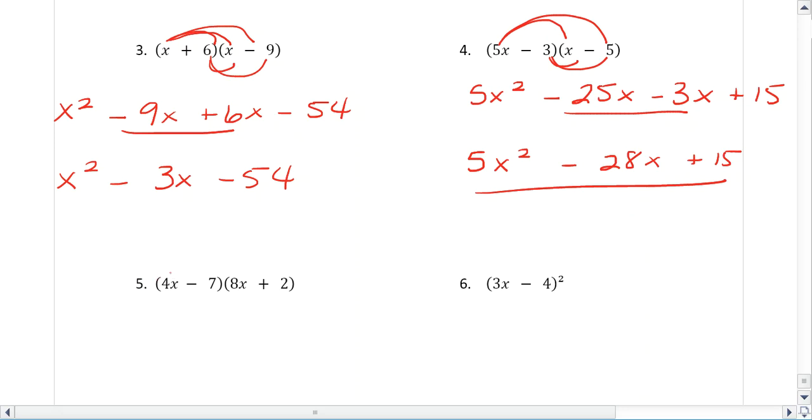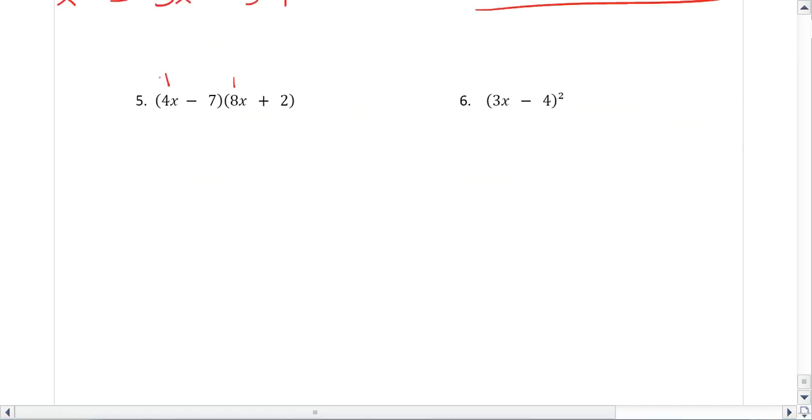Example 5 has a number in front of both x's in both binomials. So here, the first times the first. 4 times 8 is 32. X times x is x squared. The outer product is positive 8x.